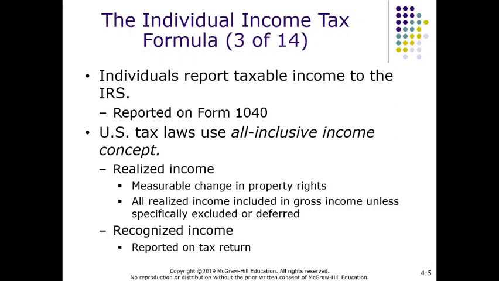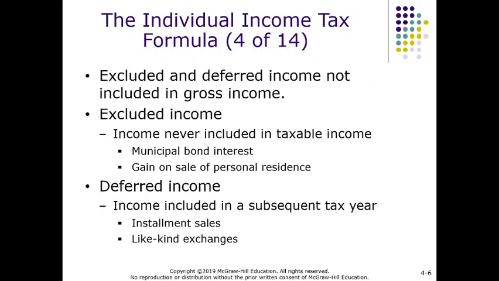Now, unless the income is specifically excluded or deferred, that realized income must be recognized, i.e. must be reported on your tax return as income. What's an example of excluded income?